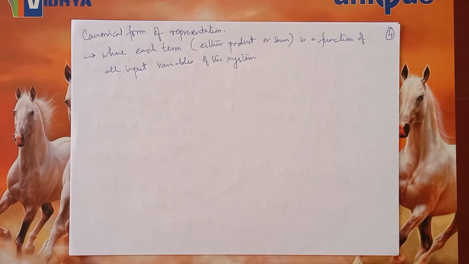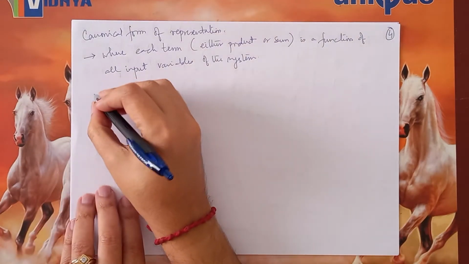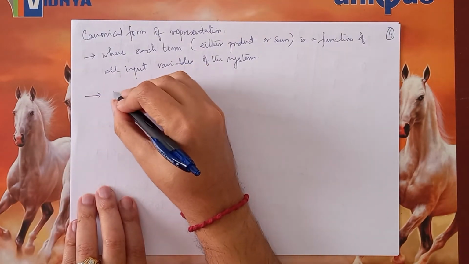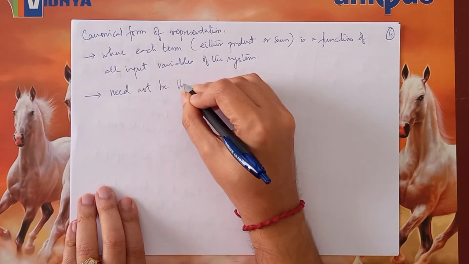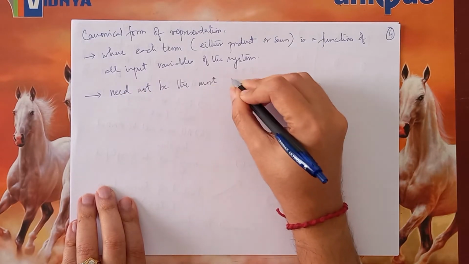As we said, each term, either the product term or the sum term, is a function of all input variables of the system. And the second point is that the canonical form need not be the most simplified form.